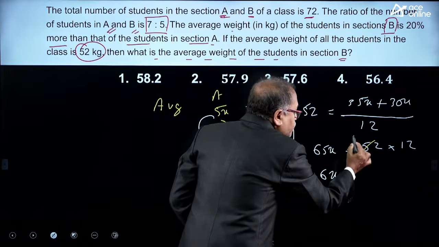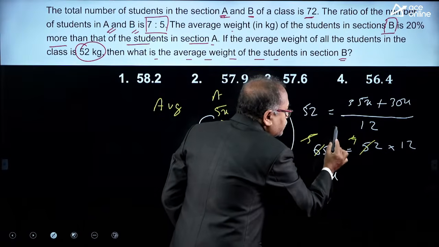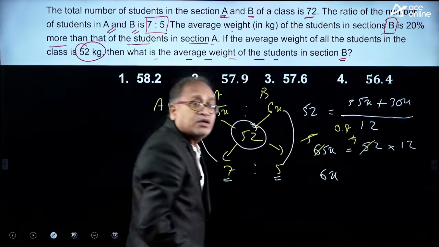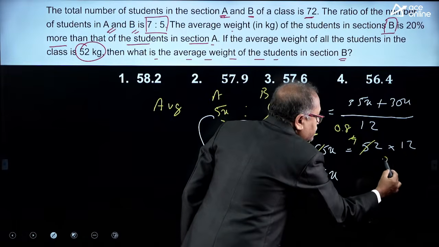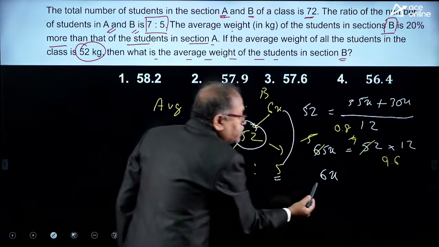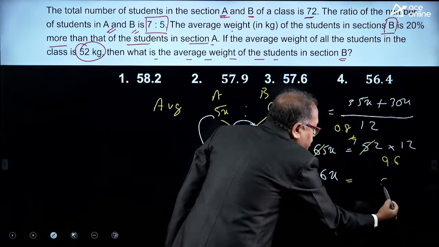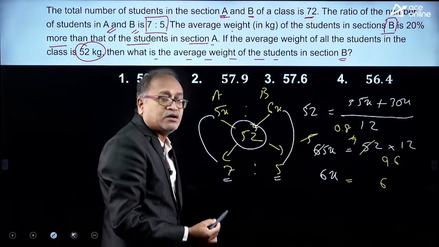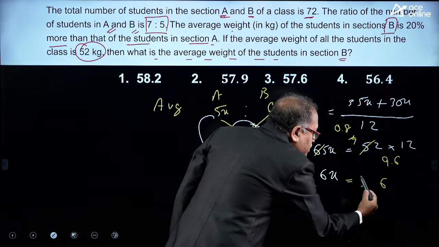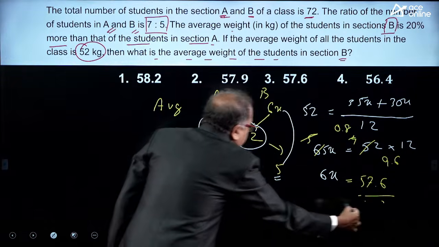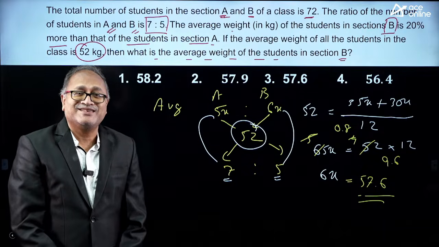With 13 it goes 4 times, and 65 goes 5 times, so 52 by 65 is 0.8. So 0.8 into 12 is 9.6, and 9.6 into 6 is my final answer. 6 times 6 is 36, carry 3, and 6 times 9 is 54, plus 3 is 57, and 1 decimal place. That's my answer. Hope everyone is understanding it.